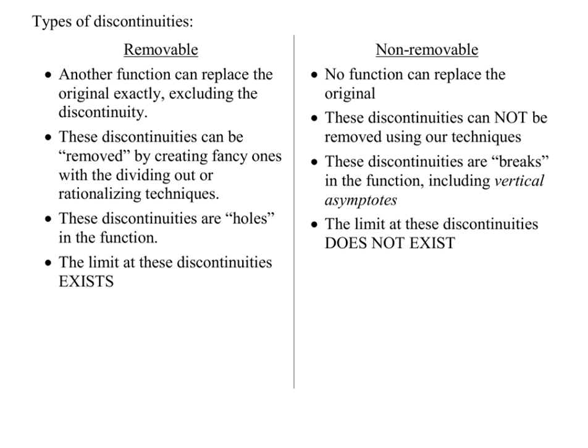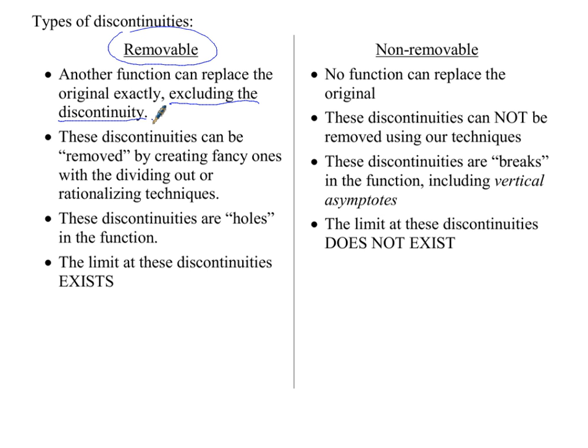Okay, we have 2 different types of discontinuities, removable and non-removable. We've been working with removable mostly in the last couple of sections. We just didn't really talk about it as being removable. A removable discontinuity: some other function can replace the original function exactly, except the original function has the discontinuity and the new function does not.